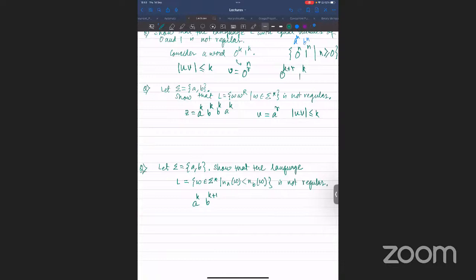For every decomposition, even if your decomposition is just a, I am going to pump it and show that this is possible. You can give me such a decomposition. I'll pump it at least once, and the a's and b's are equal. Even if I pump it once, I get a^(k+1) b^(k+1), and it's not in the language. Clear?